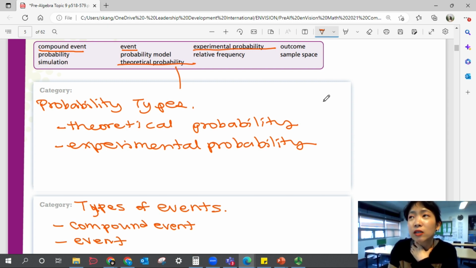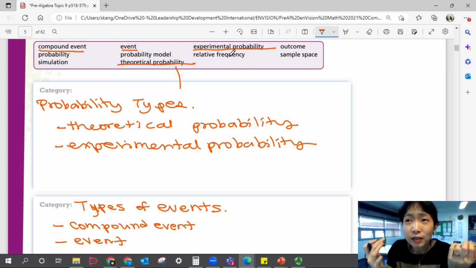And then everything else could just be what? Probability, simulation, probability model, outcome, sample space, relative frequency. Those are just, what are those things? Those are just information that we need, right?